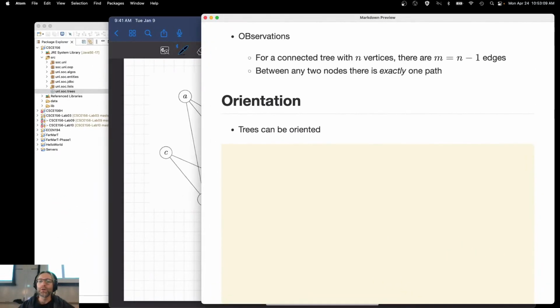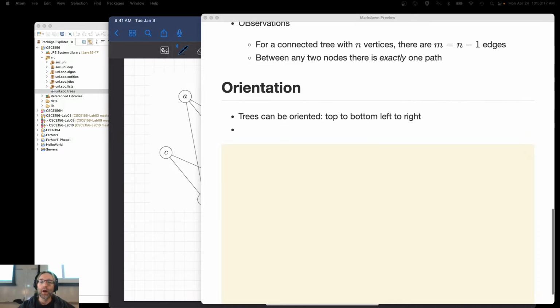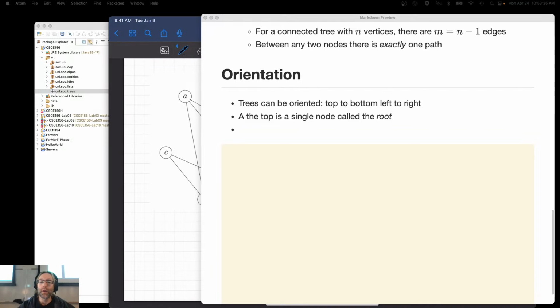Right? Trees can be oriented top to bottom, left to right. At the top is a single node called the root. This induces a parent-child relation.